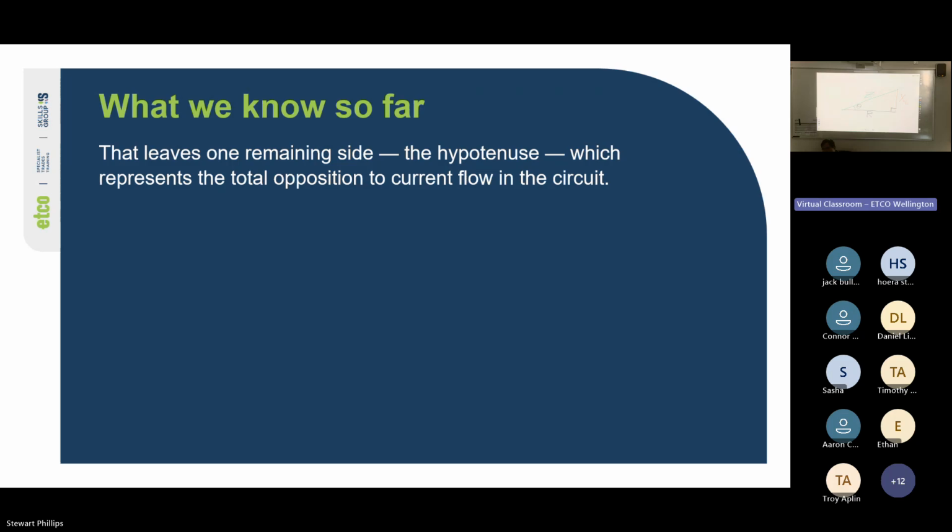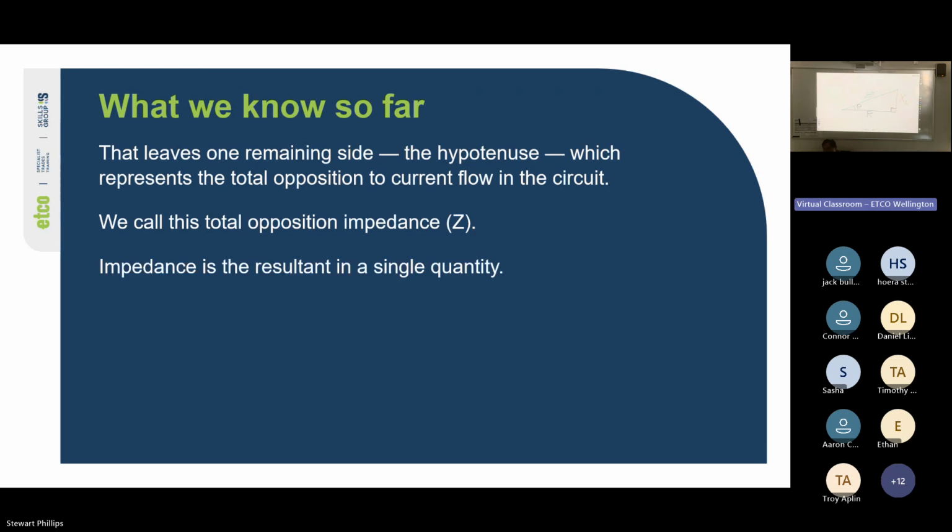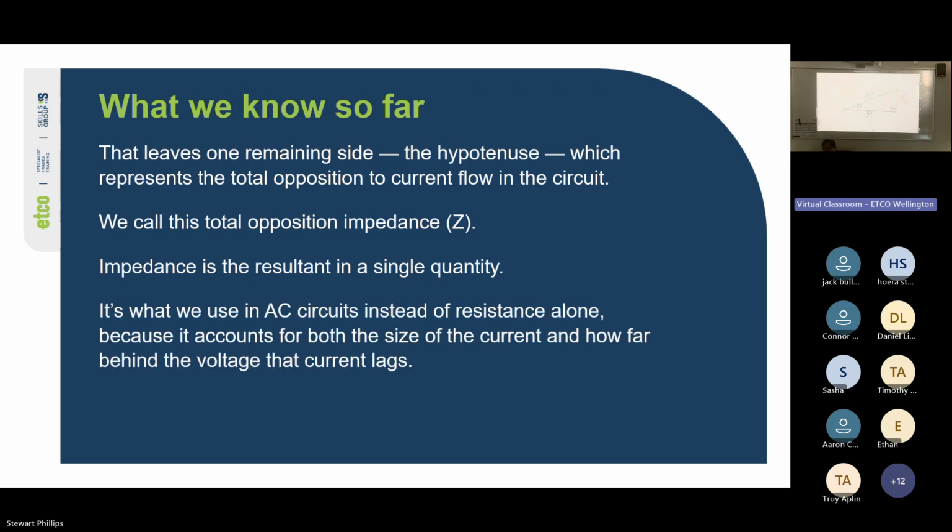We call this total opposition impedance, which is noted as a Z. So impedance combines both the magnitude of resistance and the timing effect of reactance into a single quantity. That's what we use in AC circuits instead of resistance alone, because it accounts for both the size of the current and how far behind the voltage that current lags.